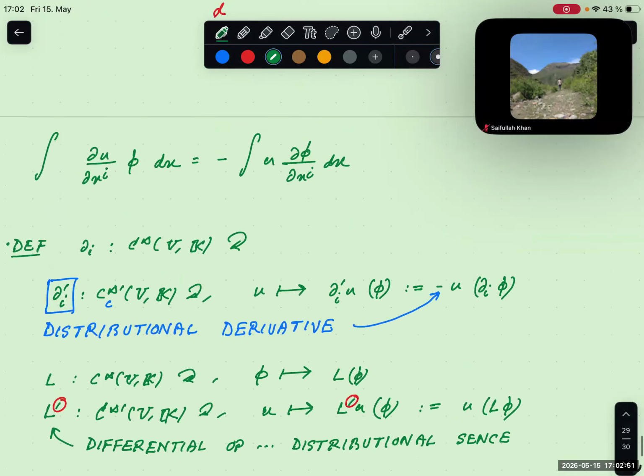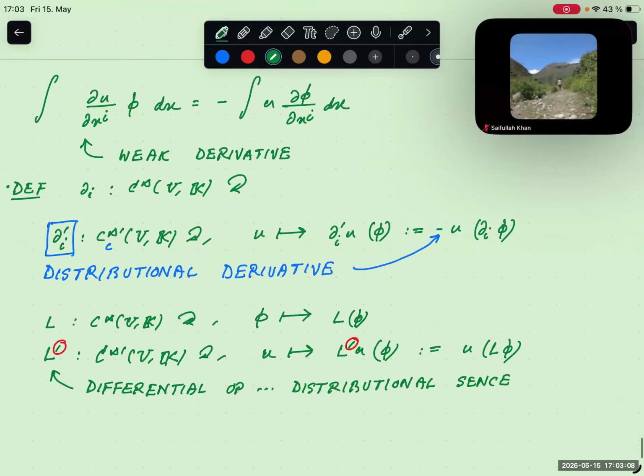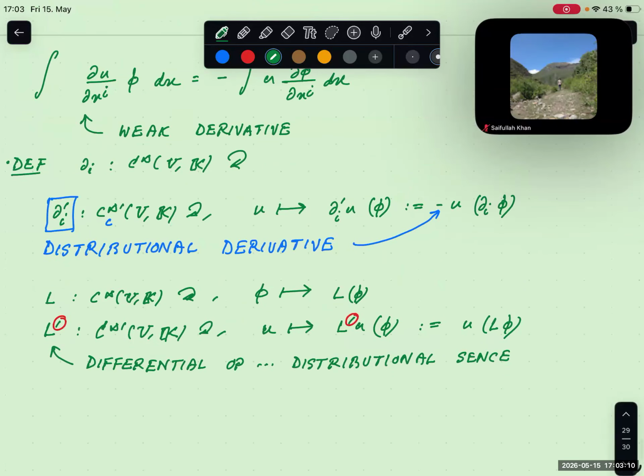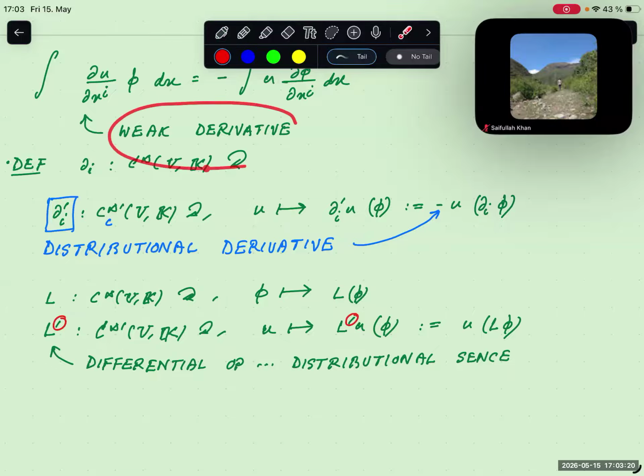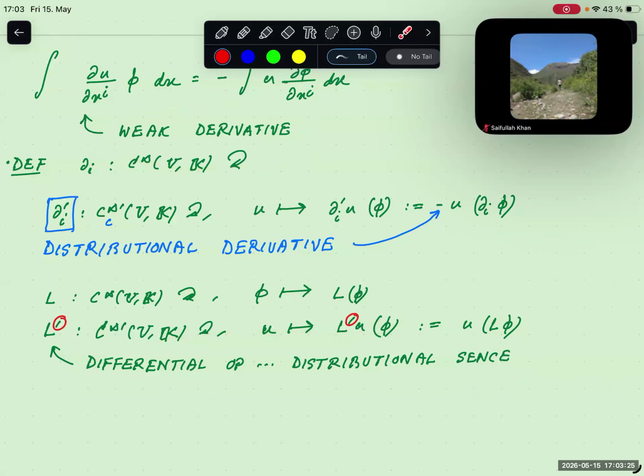And when the operator acts in this sense, this is called the weak sense, or the weak derivative. In other words, the weak derivative for a regular distribution is the same as the distributional derivative on distributions. Sometimes people use these words interchangeably. Once you know what is meant, it's clear, but unless you know, it's really confusing.